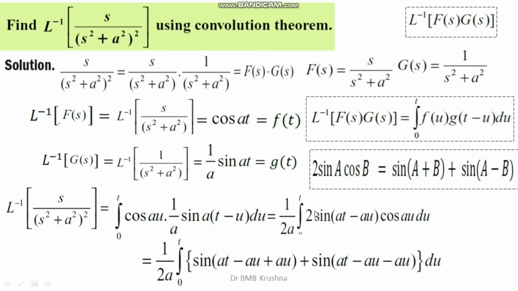It is in the form of 2 sin A cosine B, where A is at minus au, B is au. According to this formula, it can be expressed as sine of (at minus au plus au) plus sine of (at minus au). Negative au and positive au cancel. It became 1 by 2a integral from 0 to t of sin at plus sine of (at minus 2au) du.